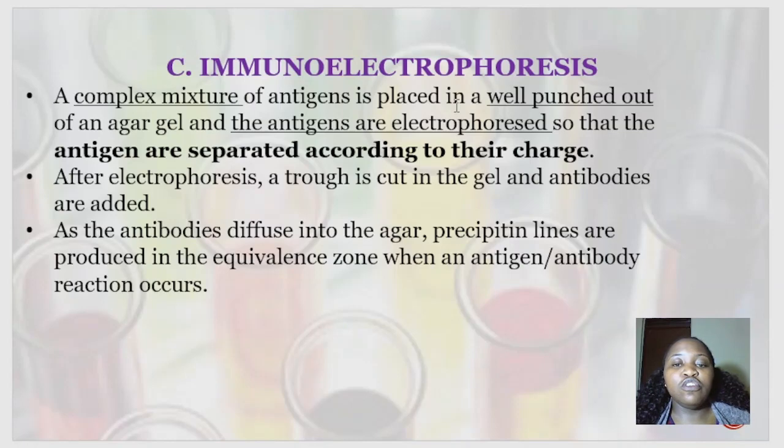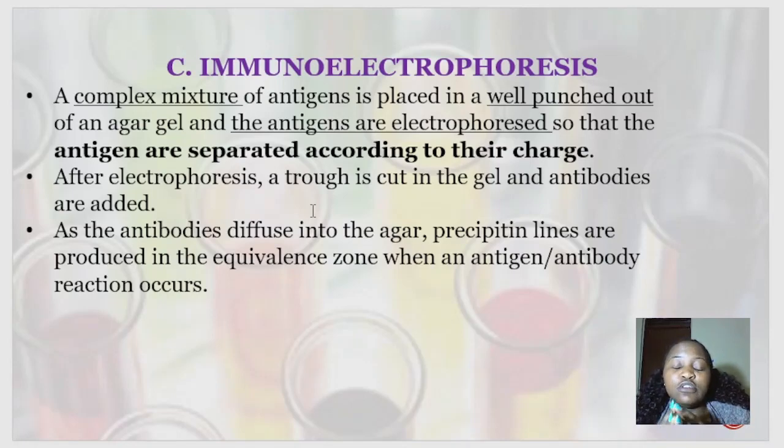So you punch out a gel, and then you add the sample which contains many antigens. Then you electrophorese so that you allow the antigens to be separated according to their size and also their charge. After the electrophoresis has been completed, a trough is cut, like a trench, in the gel, and antibodies now will be added.